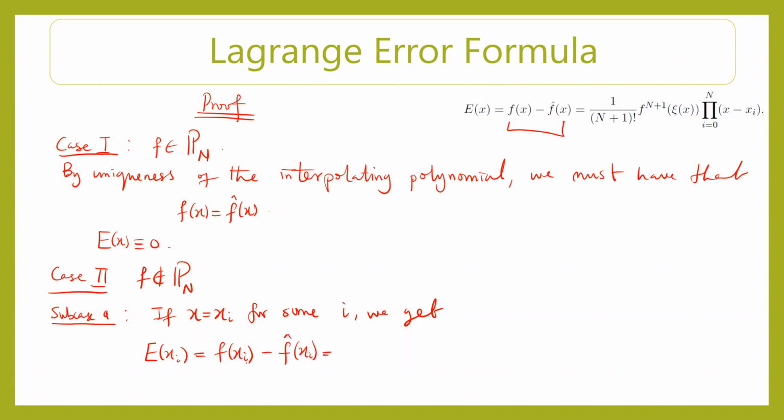Remember that f(xi) is exactly f at xi. Finding the interpolating polynomial means that the polynomial approximation should be the same at every grid point. So this is 0. And the result is true.